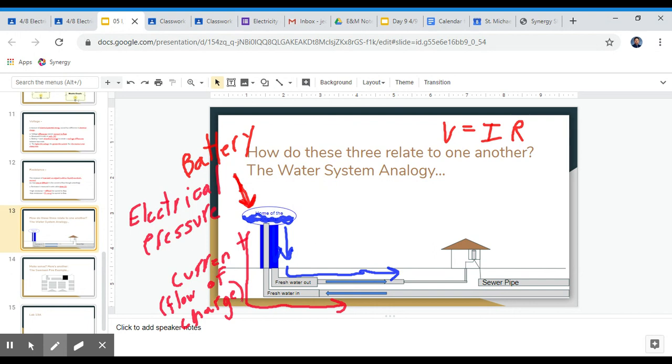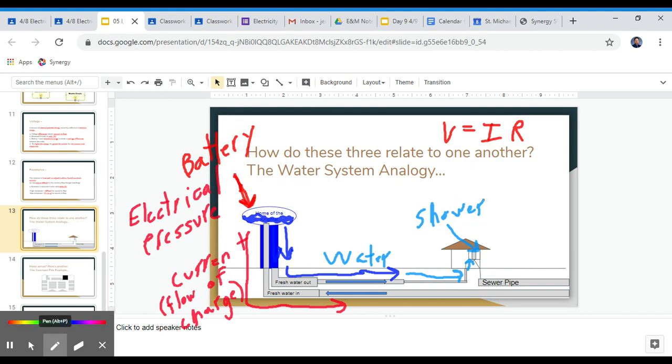So that's what happens: we have that electrical pressure built up, and then we have water that ends up flowing into your home. When it gets into your home, it reaches something like your shower, or your toilet or your sink. We'll point to this and say that's a shower.